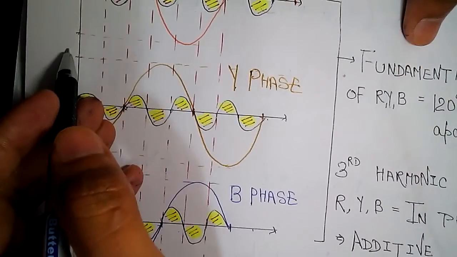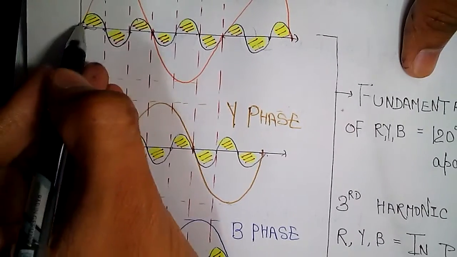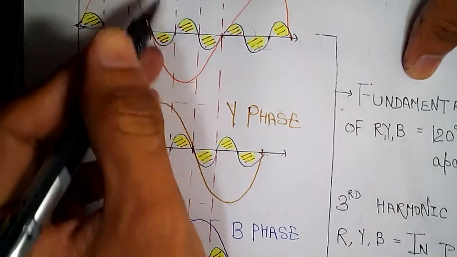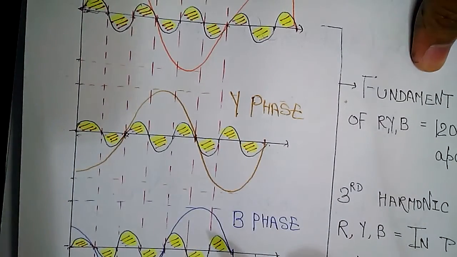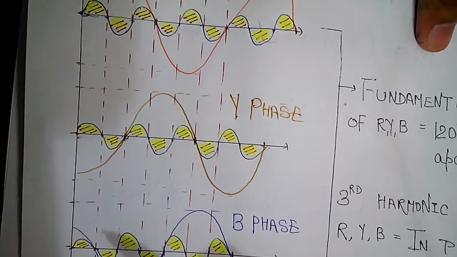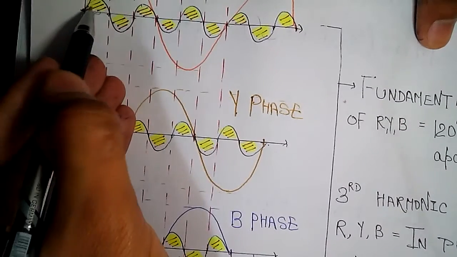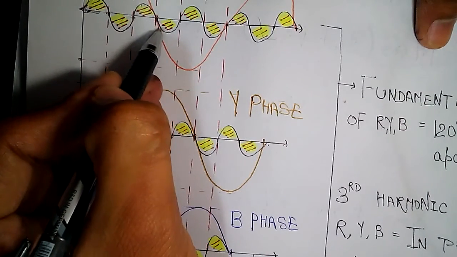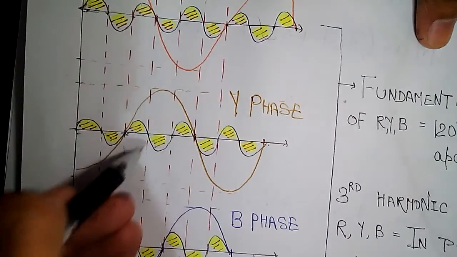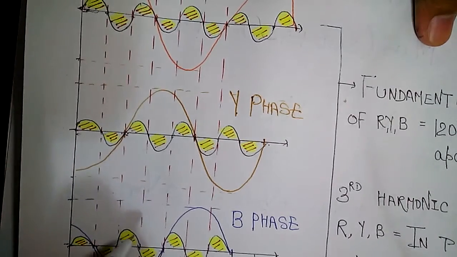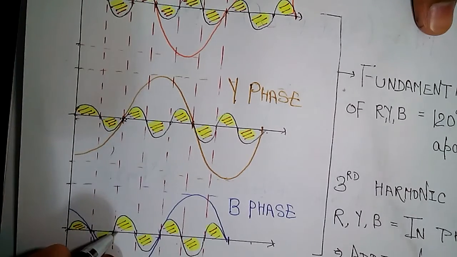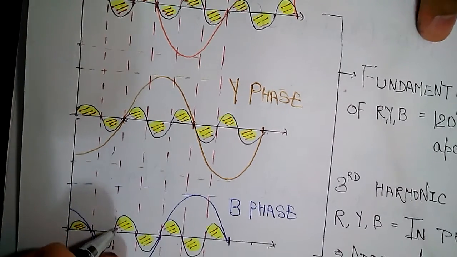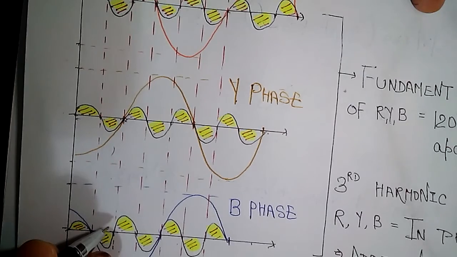Now one thing to understand is, my fundamental waveforms of R, Y and B are 120 degrees apart from each other. But my third harmonic waveforms are in phase, you should see it carefully. They are not 120 degrees apart, so they are not going to cancel out each other.